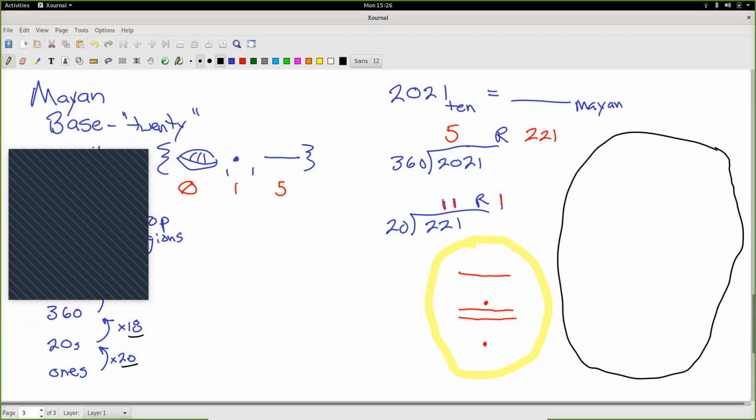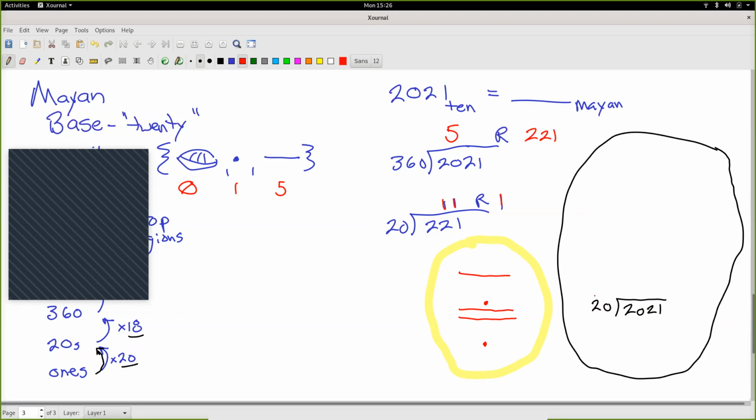So we start dividing by 20, which is the multiple that changes from one place to the next. Now, in most number systems, it's always the same multiple, but in the Mayans, they have that little skip there. So I would start down here at the bottom by taking 20 into 2021.